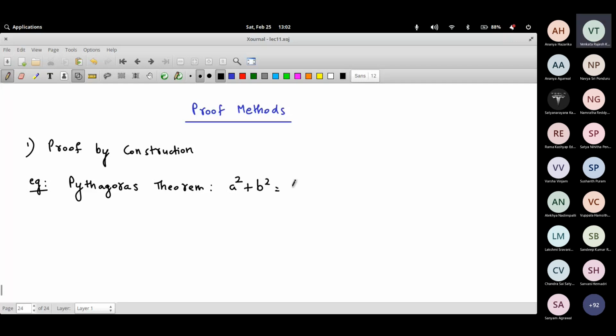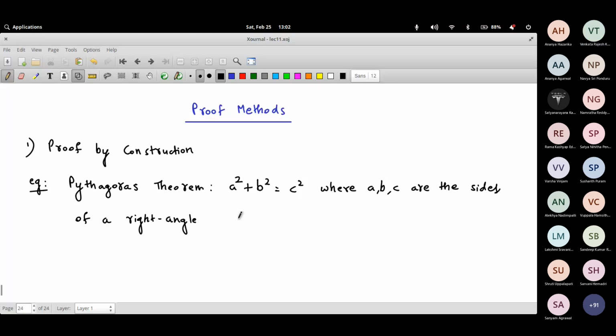a square plus b square equal to c square, where a, b, c are the sides of a right angle triangle with c as the hypotenuse.